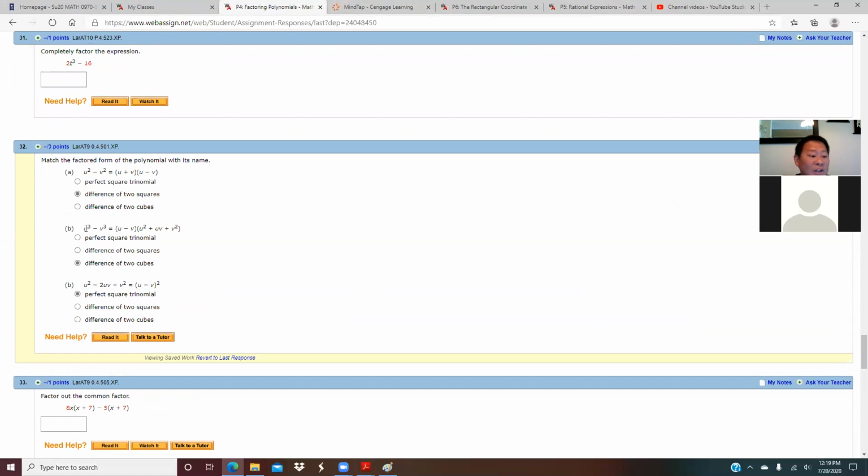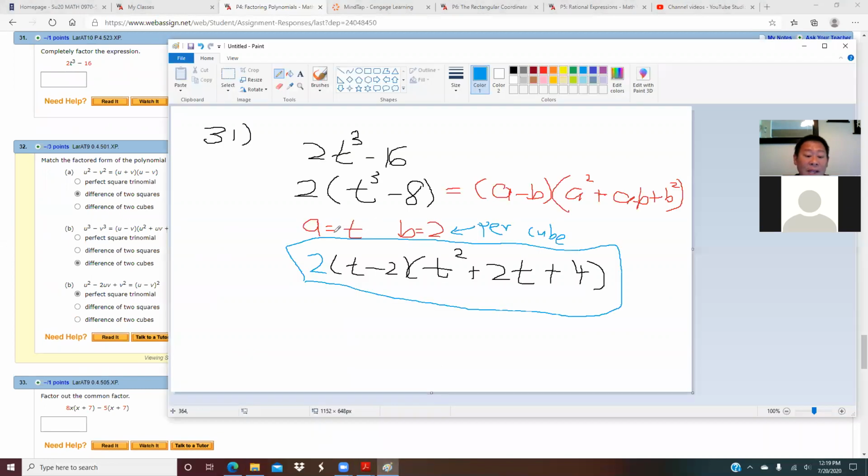This u is u by itself, meaning it has to be a perfect cube. And v in this case is also a perfect cube of v. That's the reason why we are using A as t here and b as 2 here, because those are perfect cubes. We don't use 4 or 8 because in order for you to do this, all have to be perfect cubes.